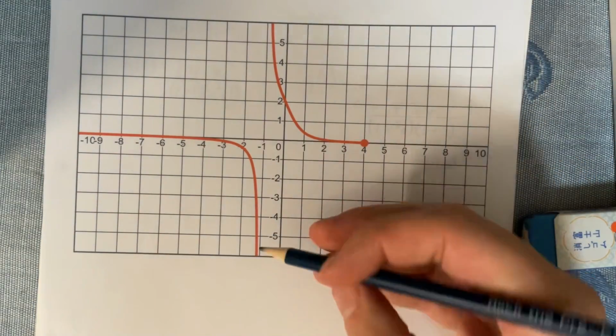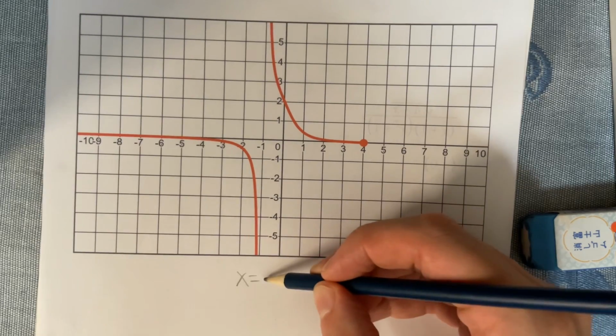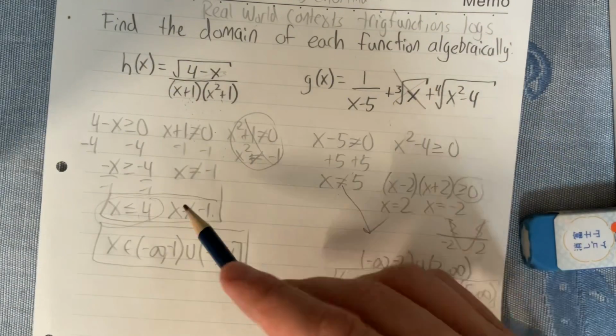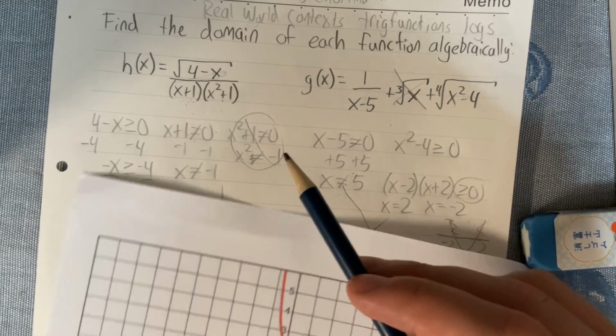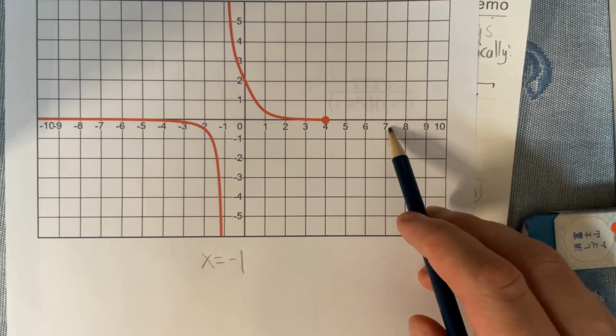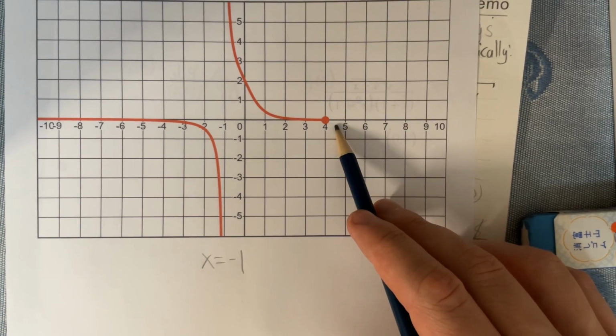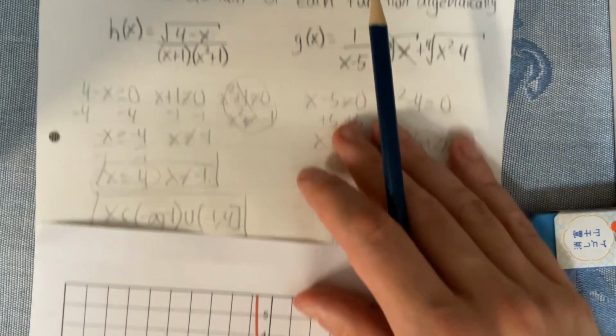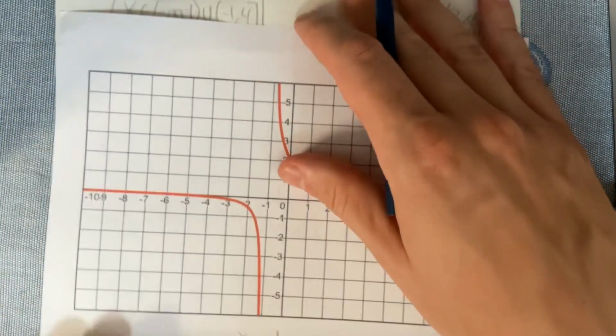We have a non-removable infinite discontinuity at x equals negative 1. Hence, x equals negative 1 is not in our domain. And everything greater than or equal to 4, there's no values. So it's less than or equal to 4 only. So there you go. That's the domain of this function.